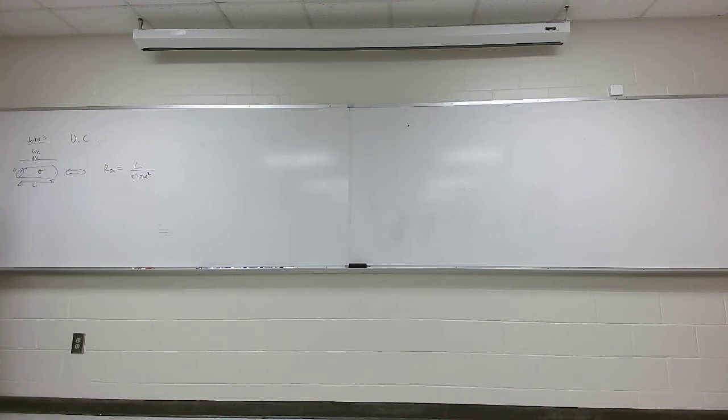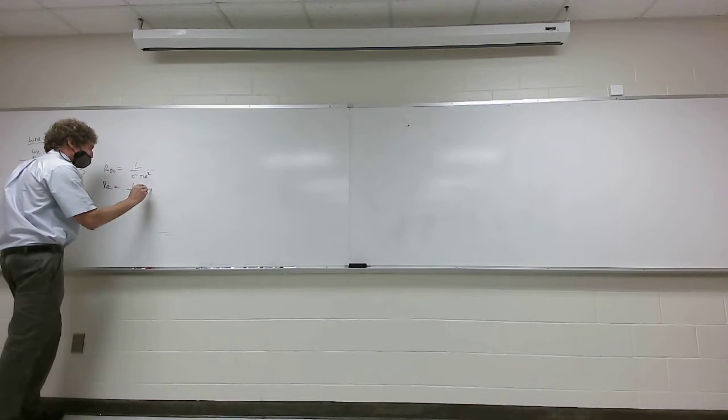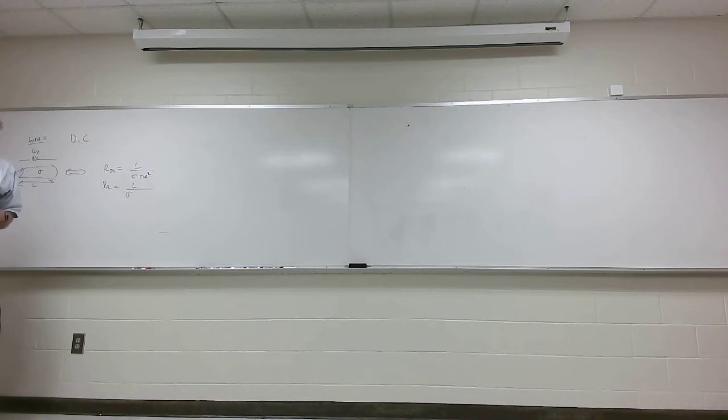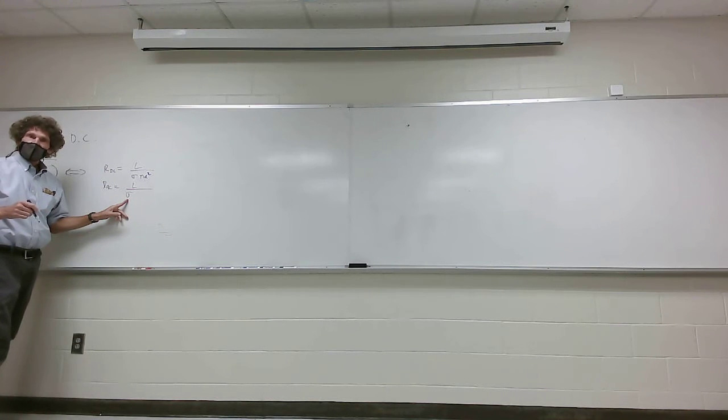Do y'all remember that? Now AC, when we talk about this for a wire, is still proportional to length, inversely proportional to sigma. If you're talking about the resistance of something with constant cross-section, a wire, it doesn't matter if it's rectangular, circular, or elliptical. If it's constant, then this will always work. It's always proportional to the length, inversely proportional to the material's conductivity, and then the area that the current flows through, and that will always be determined by the skin depth.